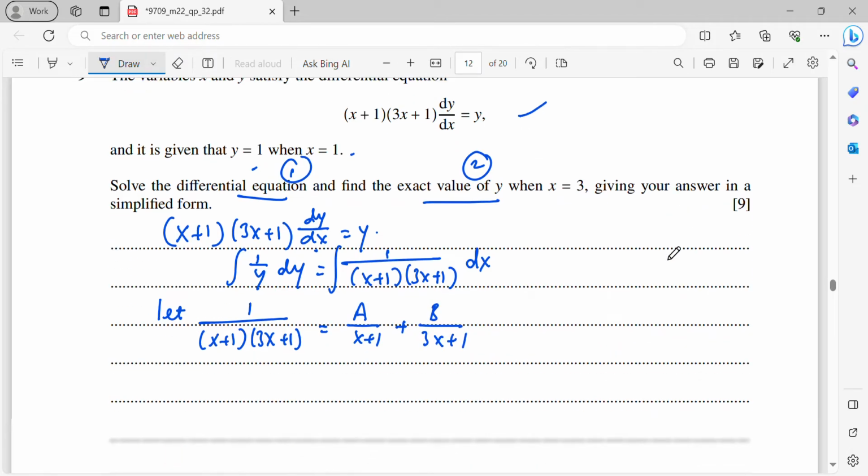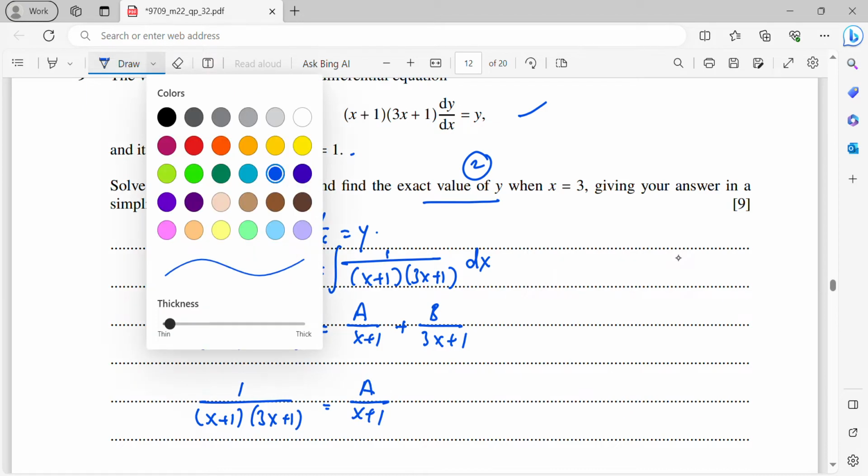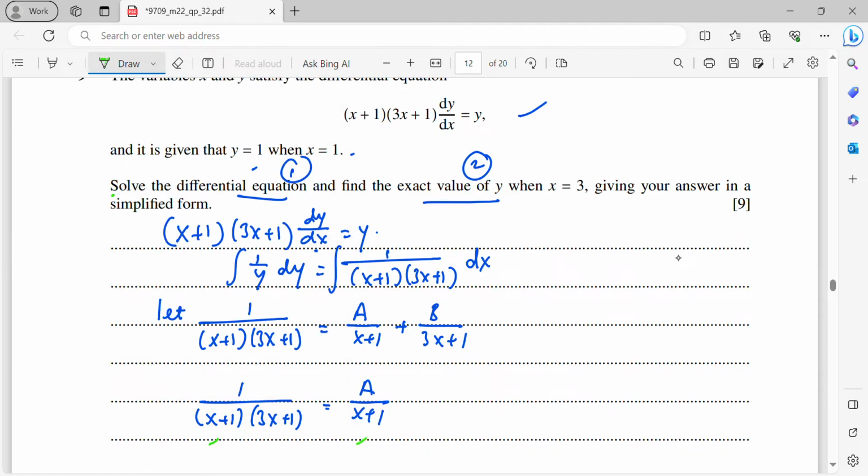Okay, so for partial fractions, we always get the same denominator as on the left hand side, which means now my first term is a over x plus 1. Now you compare. I have x plus 1. That means I need to times with 3x plus 1 for the first term. So I times 3x plus 1 over 3x plus 1.